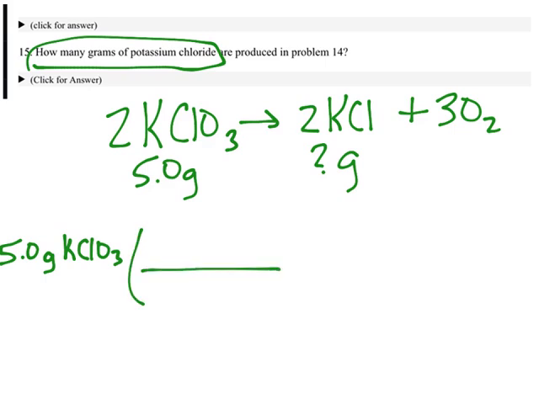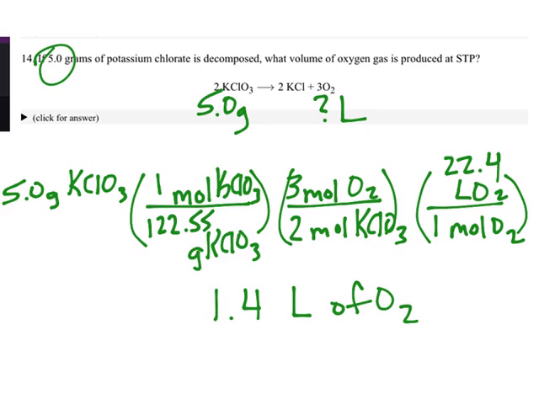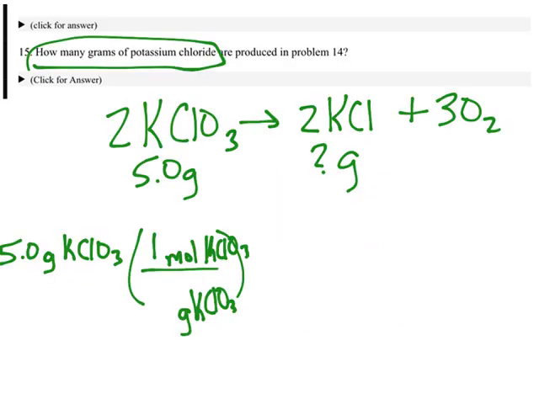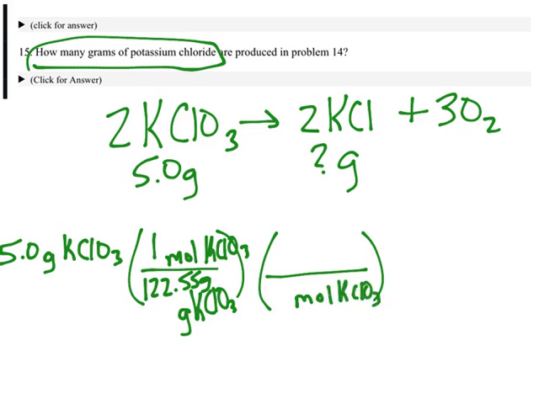5 grams of KClO3. Don't want grams of KClO3, I need moles of it. 1 mole, we just looked it up, was 122.55 grams. Don't want mole of KClO3, I want mole of KCl.